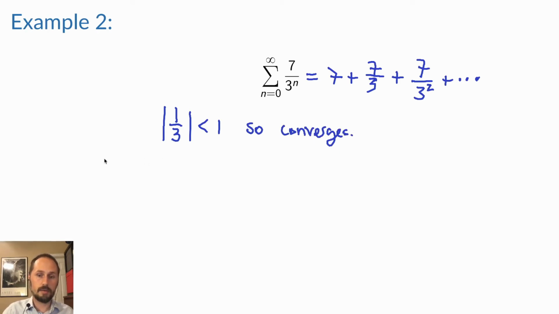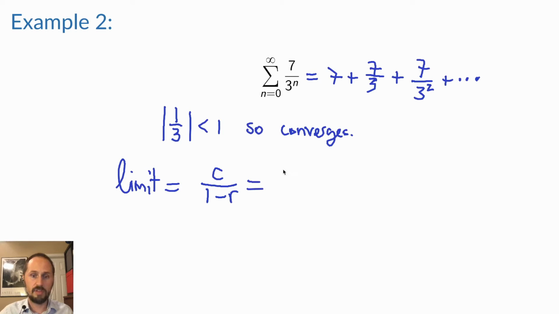And the limit is going to be, right, we just go ahead and we apply our formula. Our limit will be c over 1 minus r, right? That's using the formula that we had. c is 7. And here we get 1 minus 1/3.